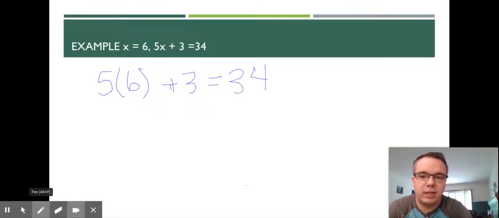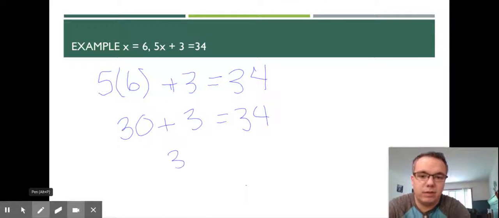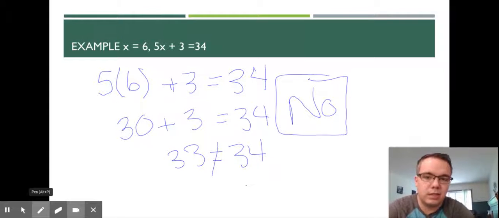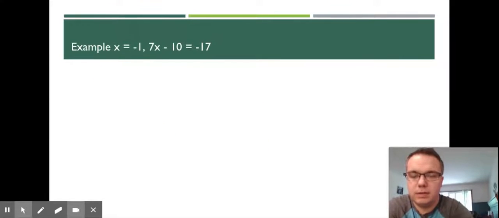Following the order of operations, I'm going to multiply first. So 5 times 6 is 30. And 30 plus 3, I can now simplify to 33. And does 33 equal 34? No, it does not. So is x equals 6 a solution to the equation 5x plus 3 equals 34? No, it is not.